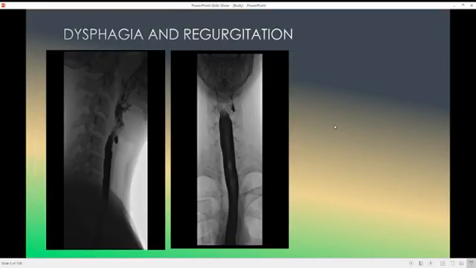Next case. This patient has dysphagia and regurgitation. What do you think about this case?